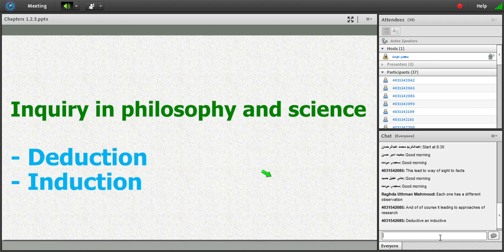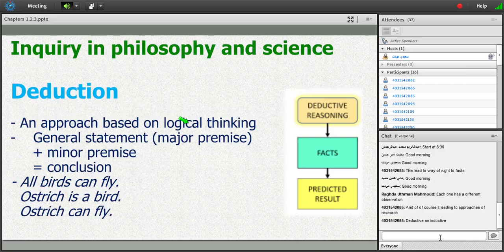These concepts have their roots in philosophy, as you know. By deduction and induction, we mean different approaches we have towards facts. Let's see what deduction means and what induction means.